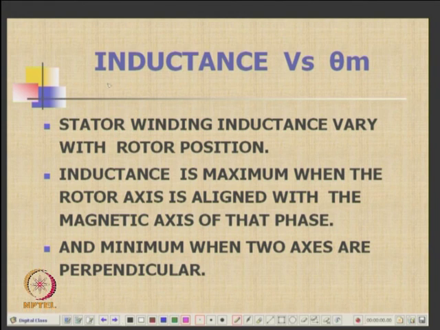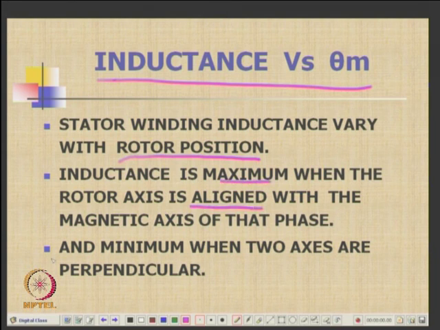So, now the point is inductance variation with theta is what we are concerned about. The stator winding inductance varies with rotor position, okay. Inductance is maximum when the rotor is aligned with the corresponding phase, and minimum when the 2 axes are perpendicular or unaligned, okay.